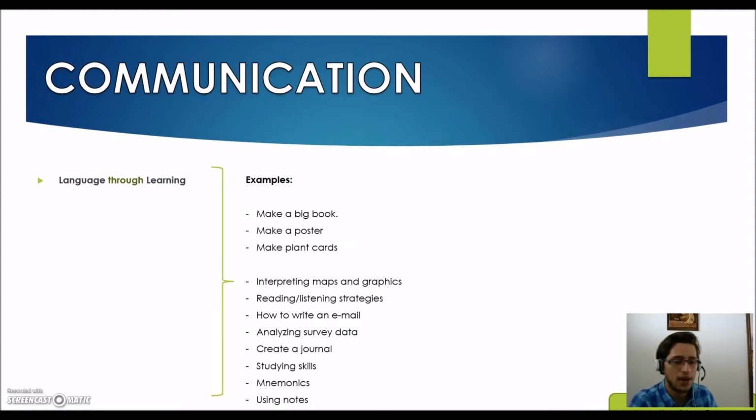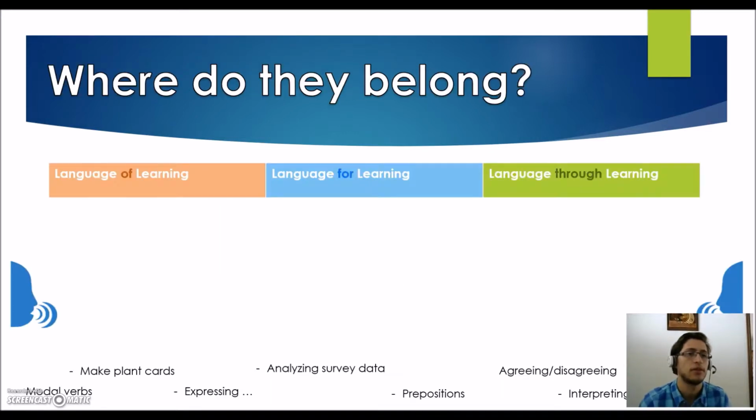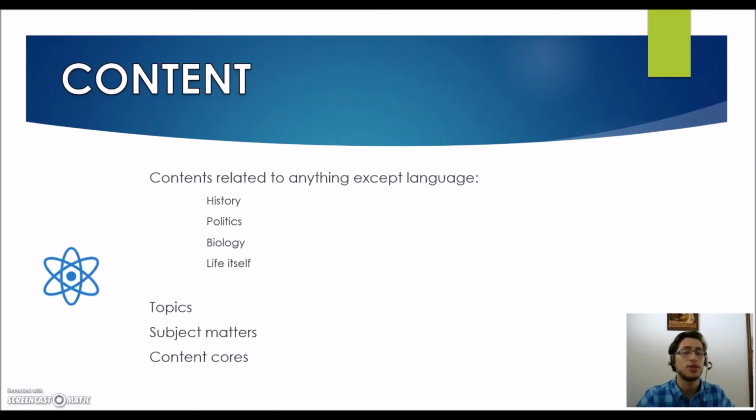They are learning how to interpret a survey, how to write an email properly, how to go through surveys, how to create a journal. They have tips, as I mentioned. We can have tips, we can have micro skills. These go in language through learning. Okay, and that was everything related to the first C.